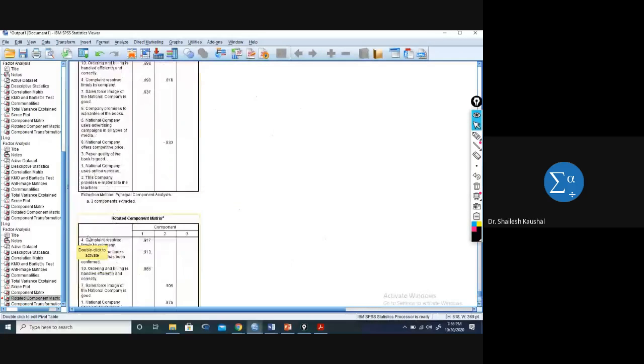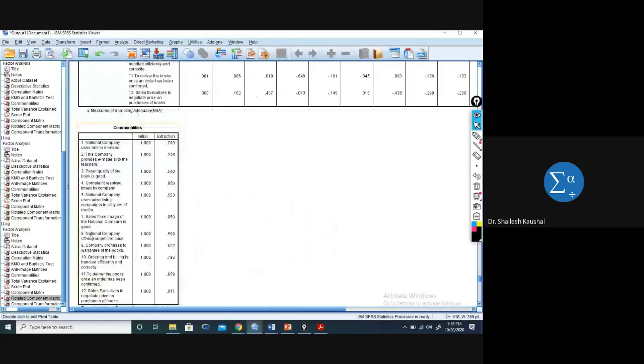After continue, we can see the output. This is the output. Here you can see that out of the 11 questions, only 9 questions have value above 0.6. The rest of the 2 questions, question number 9 and 2, are creating a problem because their value is less than 0.5.